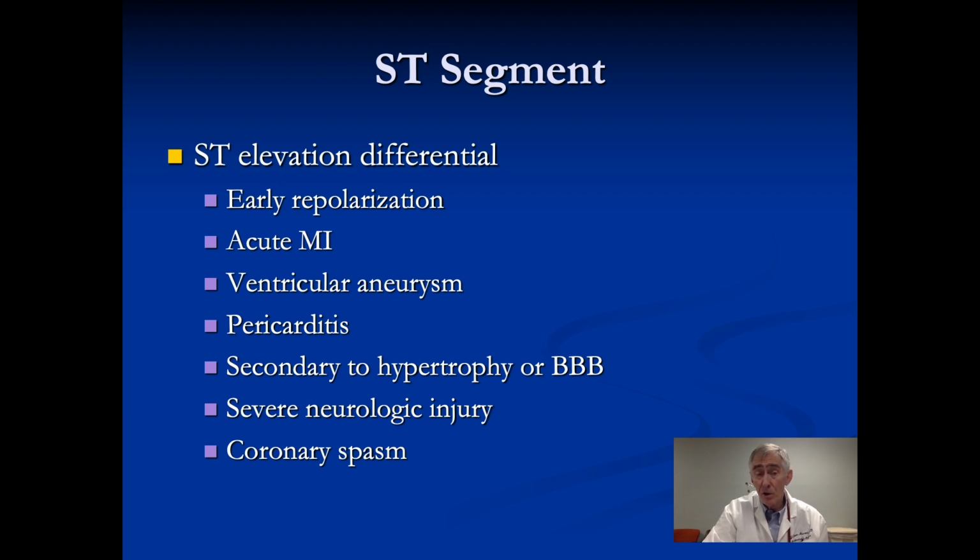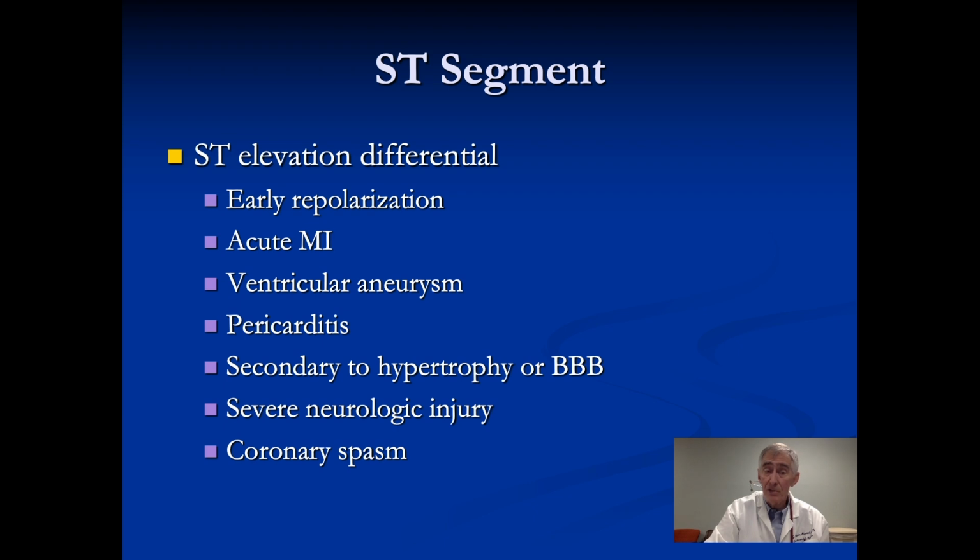And oftentimes bundle branch blocks, particularly left bundle branch block, can be the end point of left ventricular hypertrophy. Now, severe neurologic catastrophe, trauma, and subarachnoid bleed should always be looked for in patients with ST-T abnormalities.